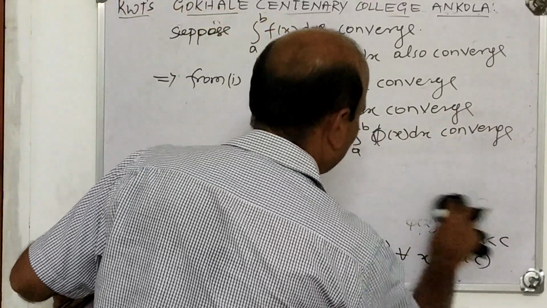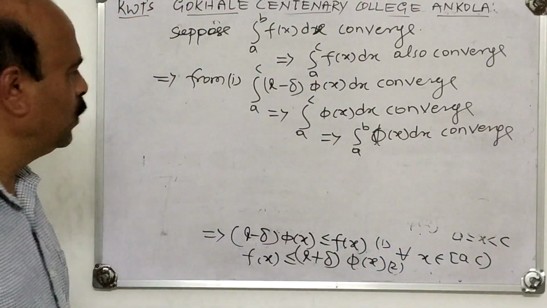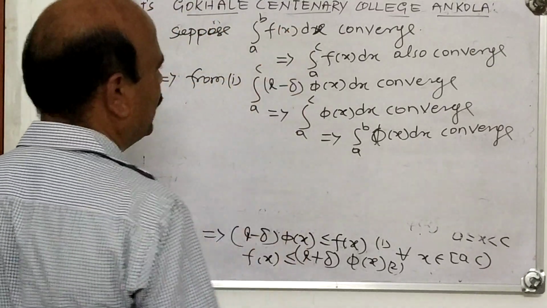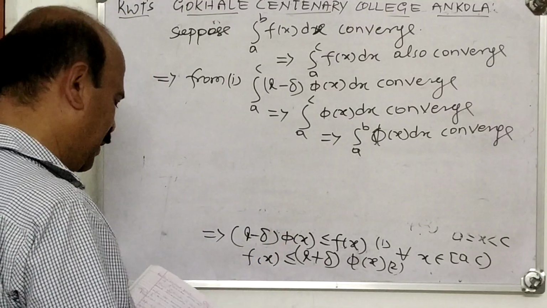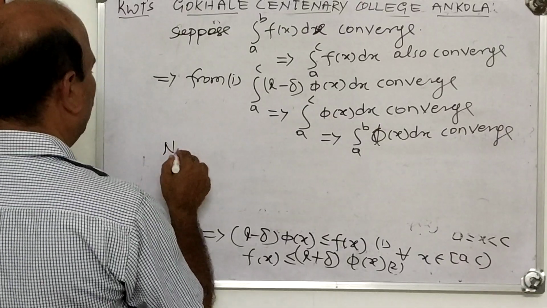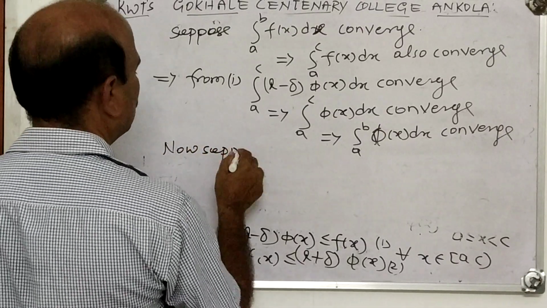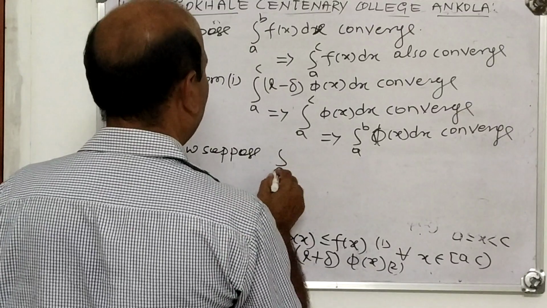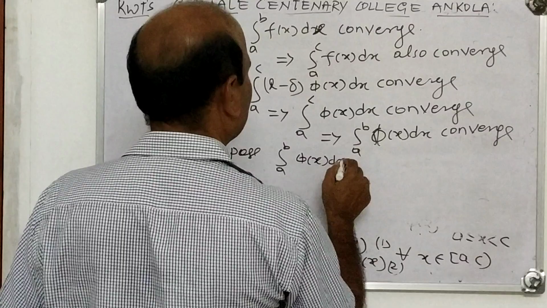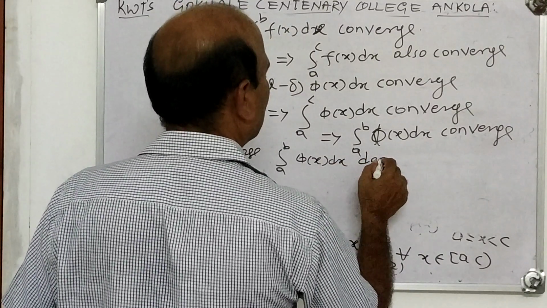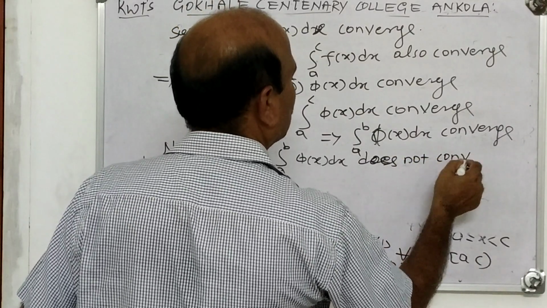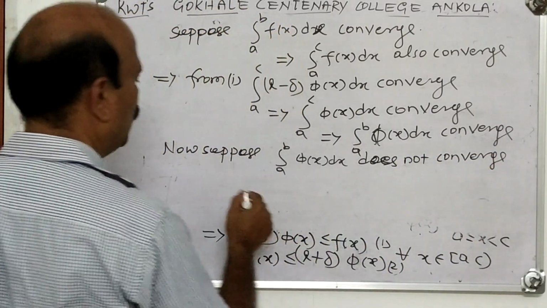Now, next thing is, we assume that what we have taken first, a to b fx dx converge implies a to b pi x dx converge. Now suppose a to b pi x dx does not converge. We are using 1 here.